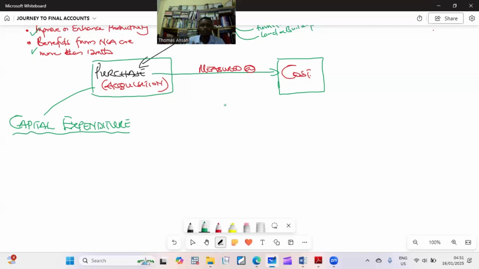And so when we say cost, cost doesn't only involve the purchase price, because I can't just sit here and pay. And even if I sit here and pay, they would deliver it to me, and sometimes they charge for delivery. So that's how it works. When we say cost of a non-current asset, it is going to include the purchase price.